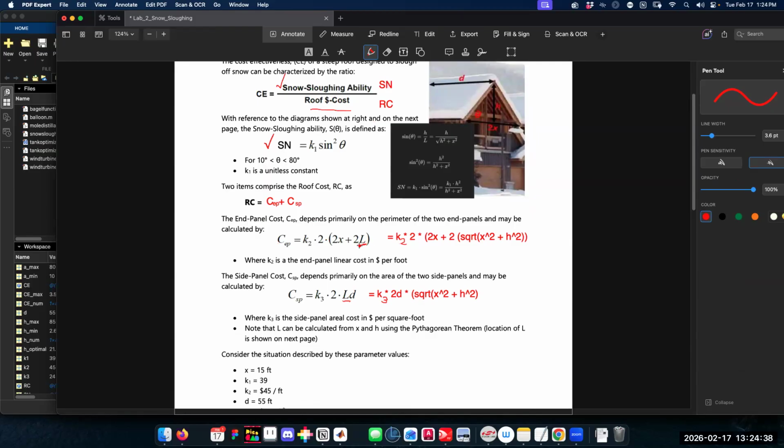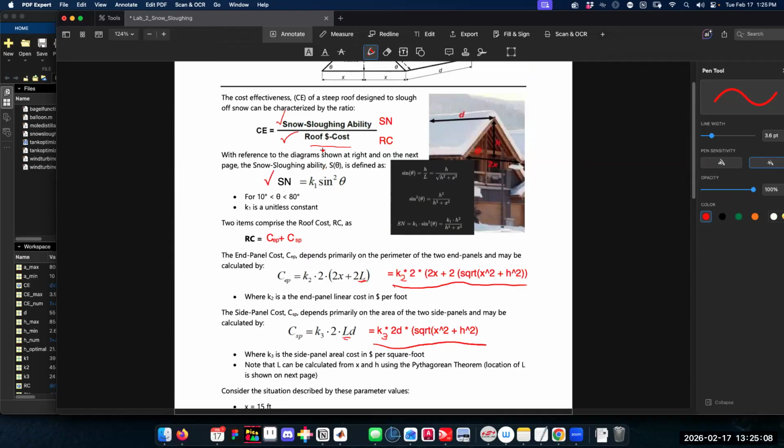Again, that L we have to replace with the square root of x squared plus h squared from geometry. So you end up with this. And then SP, the second part of it, also has an L. You have to replace that, so you end up with this equation. You add up CEP plus CSP, and that's your denominator, roof cost.